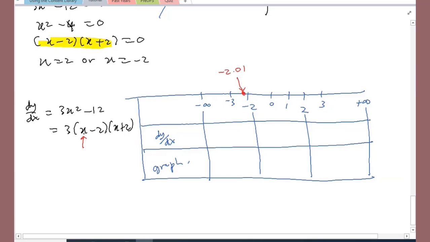Substitute here. Negative 2.1 gives negative. Negative times negative, so this slope is positive.